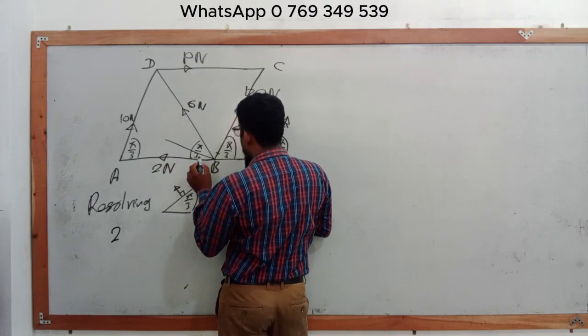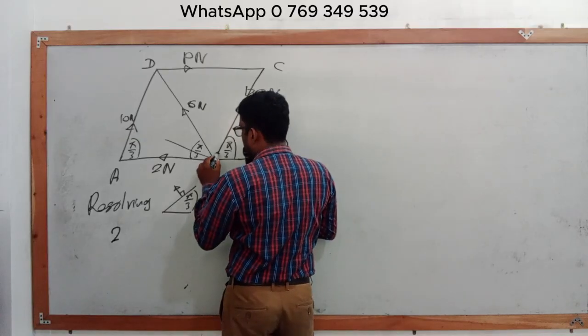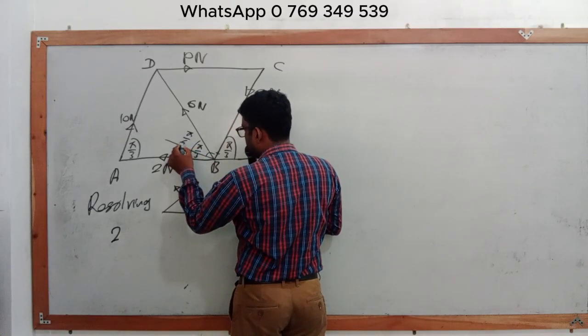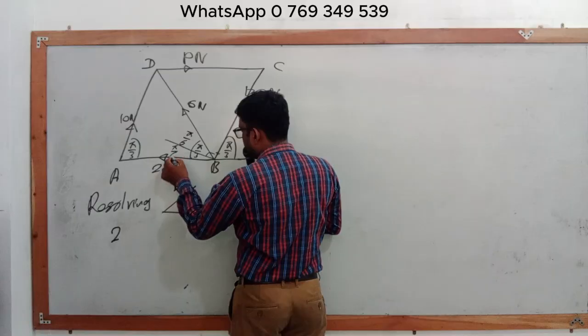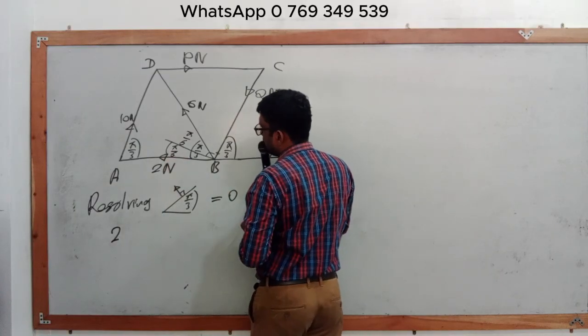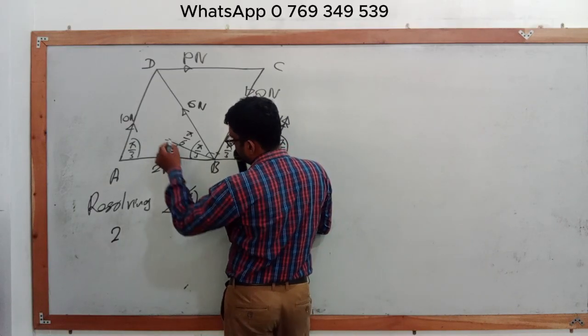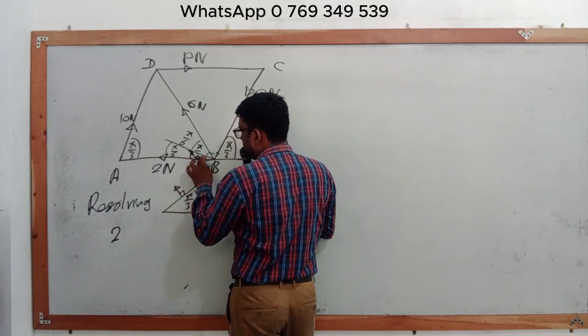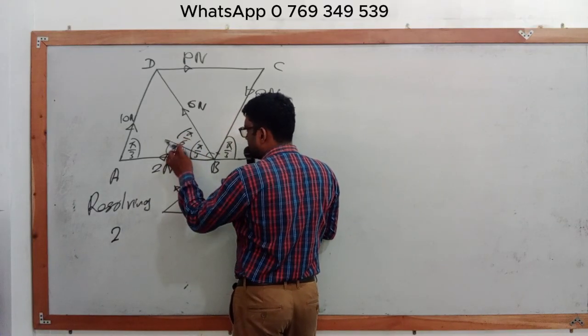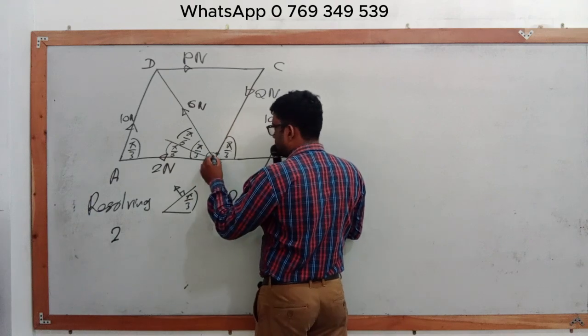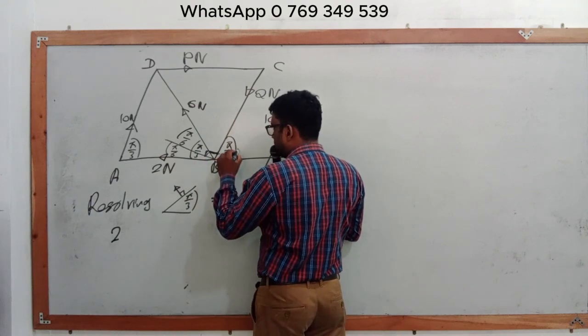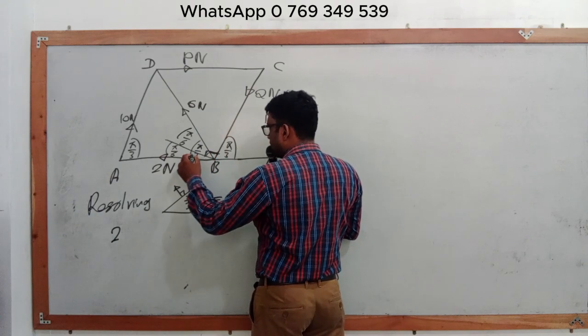This is the pi by 3, perpendicular like this, this is pi by 6. Here also pi by 6. This pi by 3 is divided into two parts, pi by 6 and pi by 6. Pi by 3 here, perpendicular 90 is here, so this one should be pi by 6.